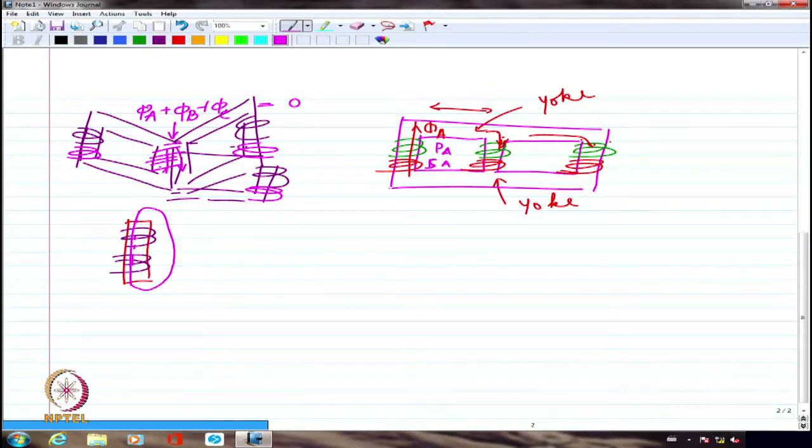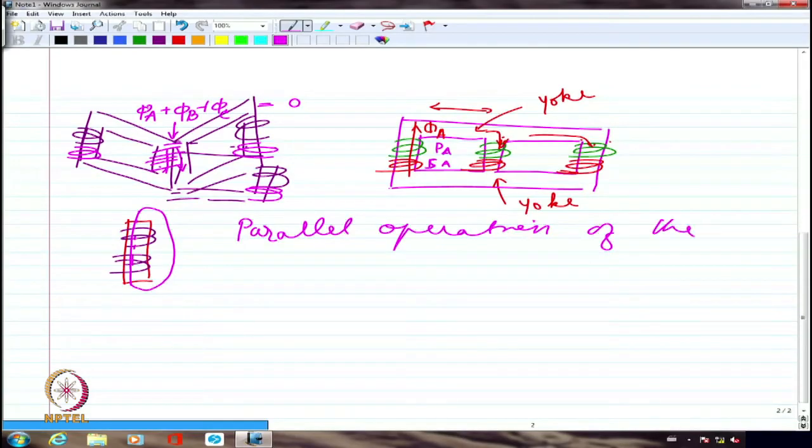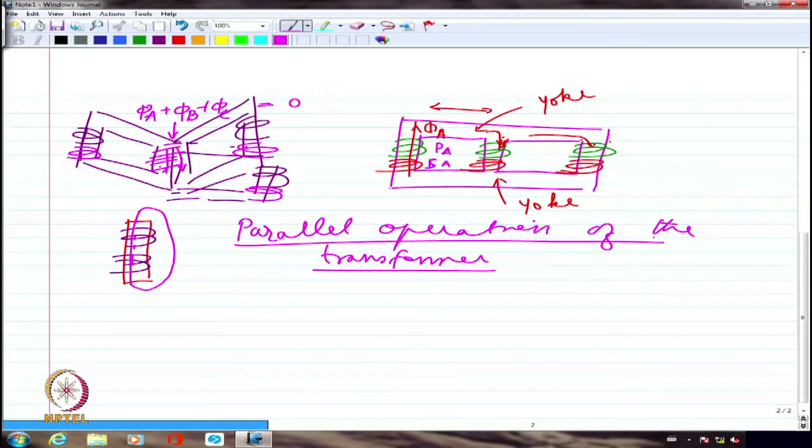So let us take a look now at parallel operation of the transformer. How do we connect two transformers in parallel?